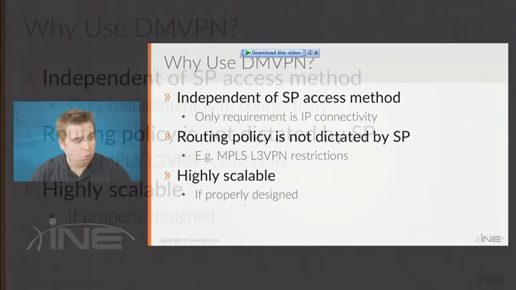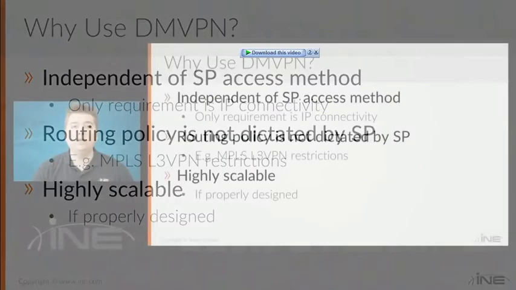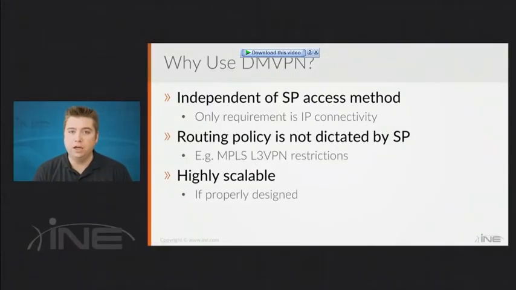Now we'll also see that another big advantage is that the routing policy is not dictated by the service provider. So when we're dealing with MPLS Layer 3 VPN deployments, the service provider usually is the one that says you need to run BGP or you need to run OSPF because that's all that I support. Now in the case of DMVPN, since it is an overlay technology, we can run whatever routing that we want.